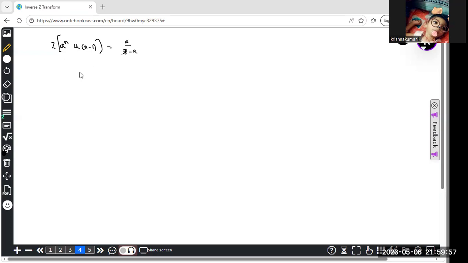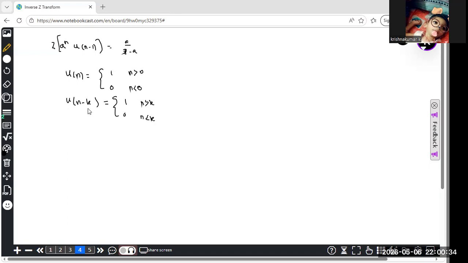Already you know the definition of the unit step function. So u of n is equal to 1 when n is greater than 0, and 0 when n is less than 0. This is the definition of the unit step function. Similarly, if you have u of n minus k, then this is defined as 1 when n is greater than k, and 0 when n is less than k.